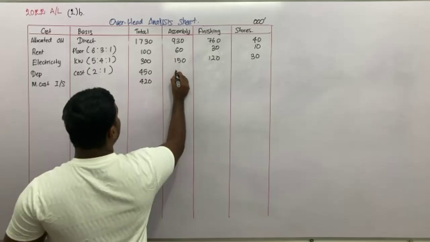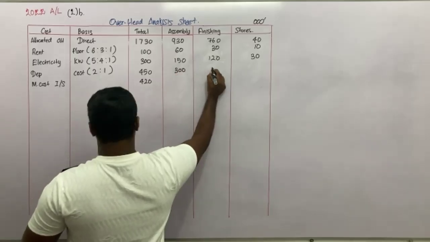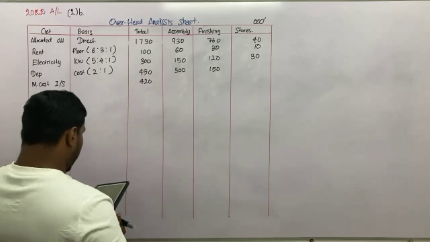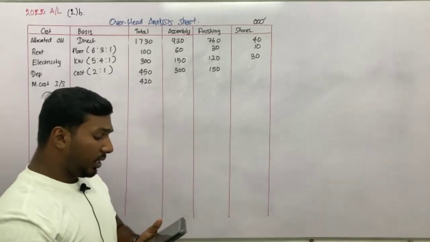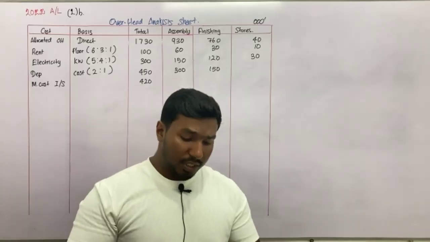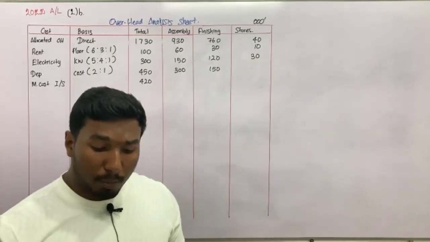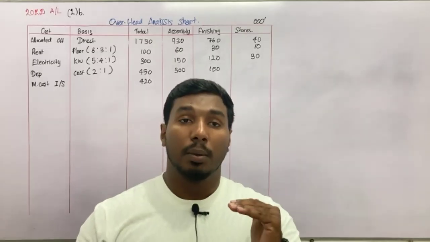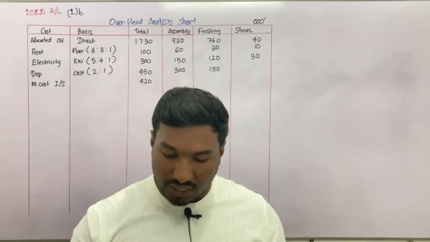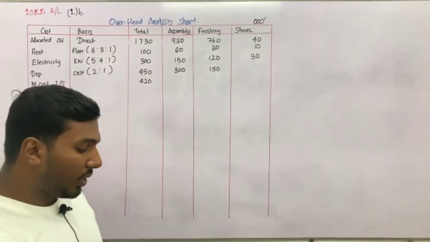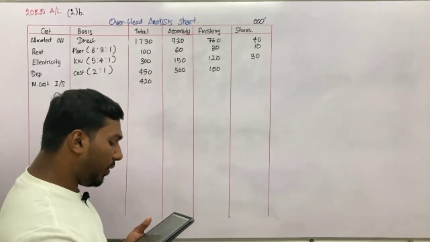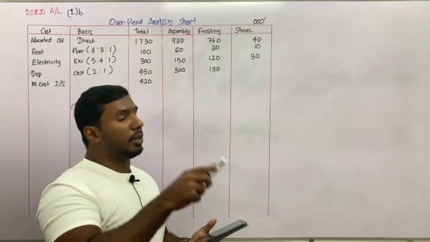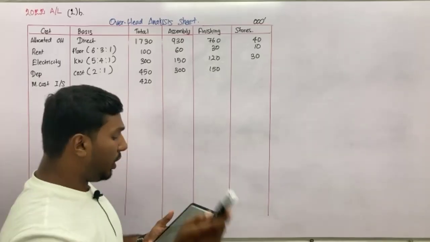So 300 and 150. Next, the maintenance cost of the information system is 420. The number of reports generated through the information system is the proper appropriation basis. That is 150, 150, 10 and all three can be divided by 10, so 1 to 15 to 5.